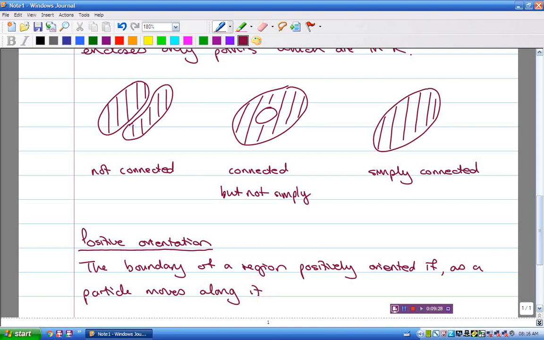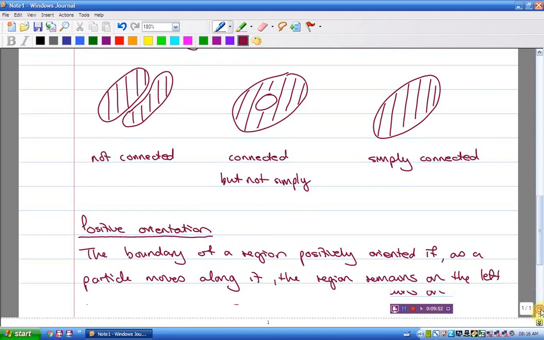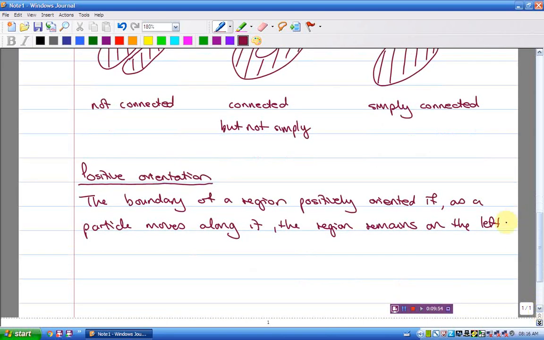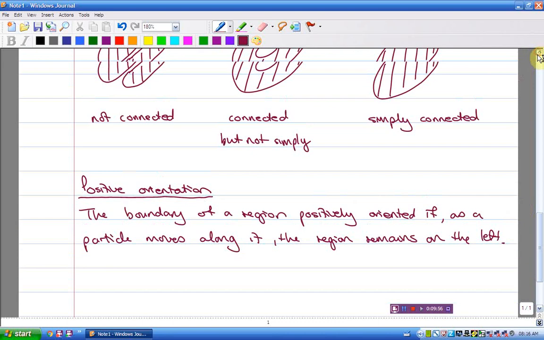So we have some sort of blob, whether it's got holes in it or not, and you have the boundary, and you have some particle moving along it, some little ant walking along this path. As a particle moves along it, the region remains on the left. So you're a little ant walking along the path. The region has to be on your left. There you go, region's on your left, you're walking round and round and round.